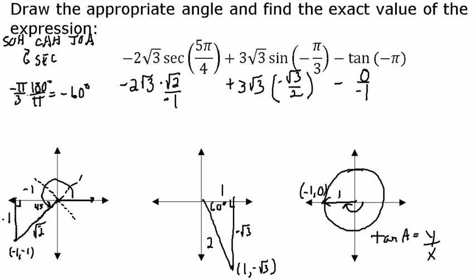Okay, so we have all of our numbers filled in, and we can go ahead and do the arithmetic. So we would have negative 2 square roots of 3 times square root of 2 over negative 1. That would be positive 2 square roots of 6.